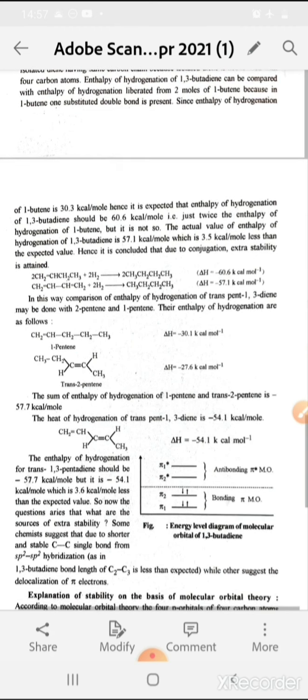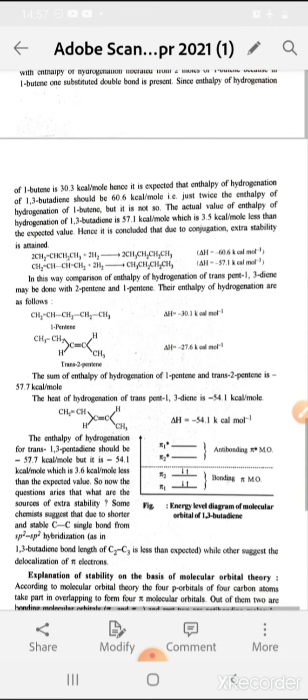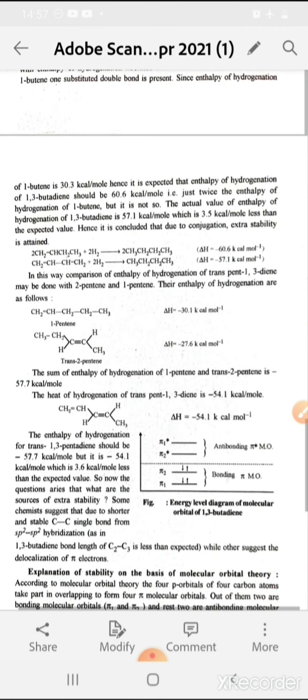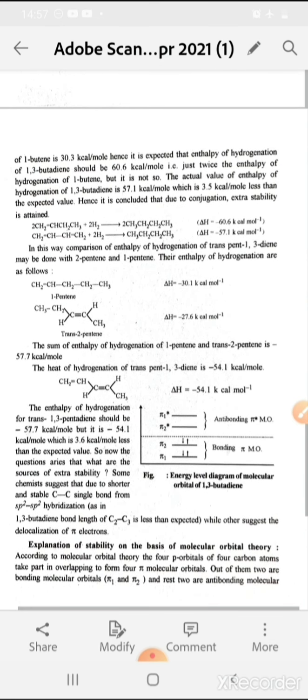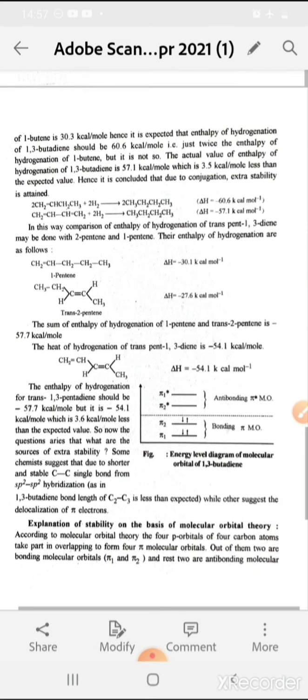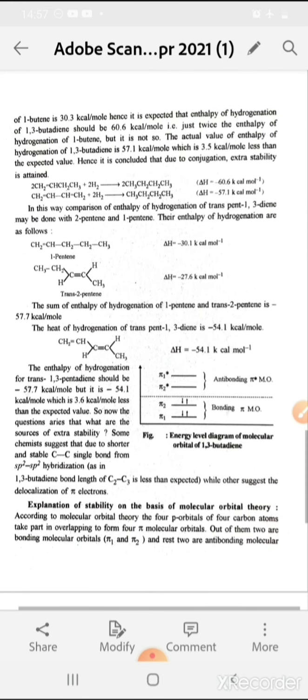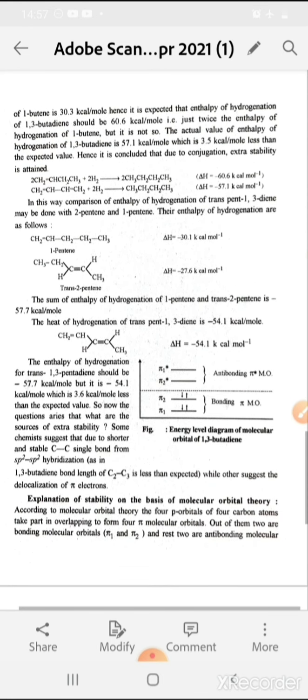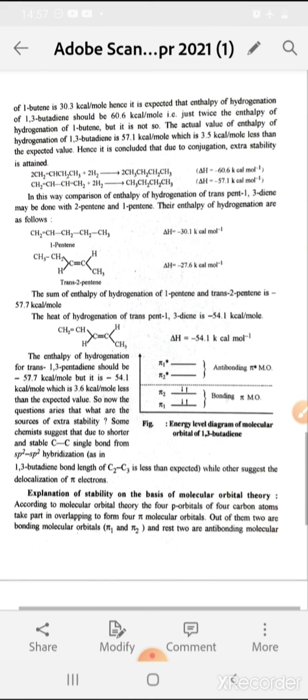But we find it is not so. The actual value is 57.1 kilocalorie per mole, which is 3.5 kilocalorie per mole less than the expected value. Hence, it is concluded that due to the conjugation, extra stability is attained.